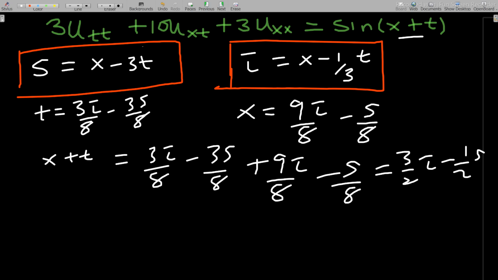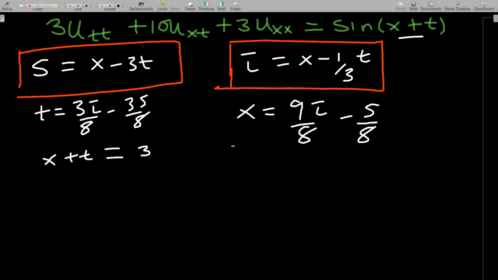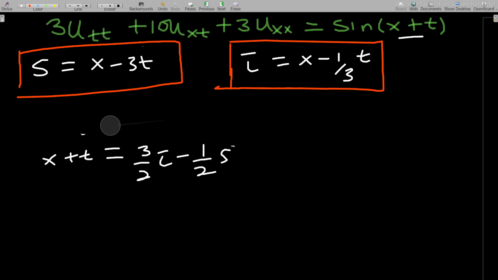So this will be my x plus t. Let me clean it and write it here, so that when we are transforming it, we just transform them straight away. This is equal to 3 over 2 tau minus 1 over 2s. Very simple like that. So we don't actually need these ones. We just wanted to know how to go about them. So let's circle this as well.